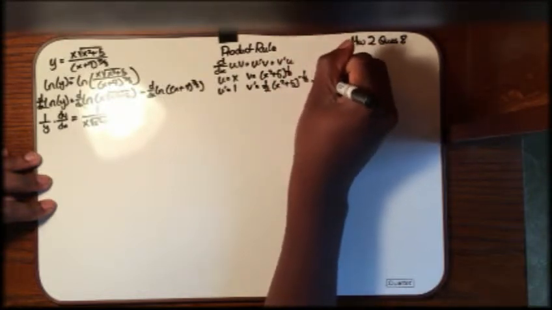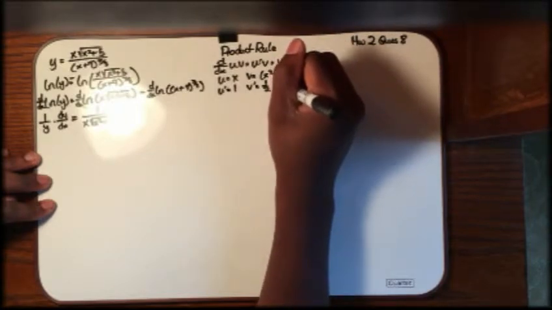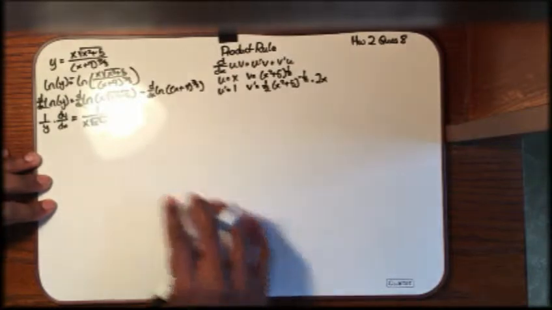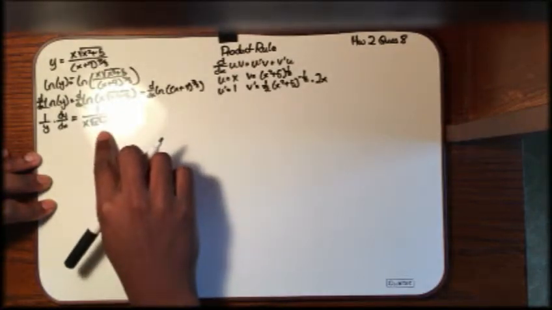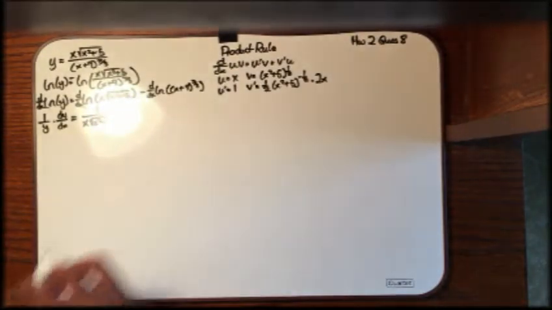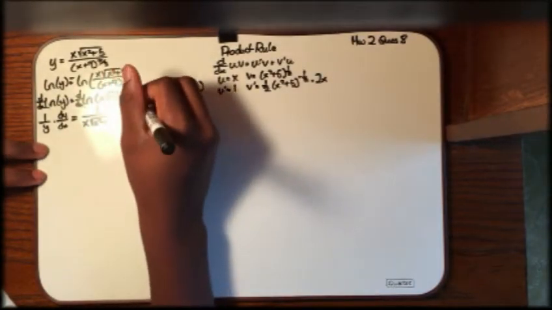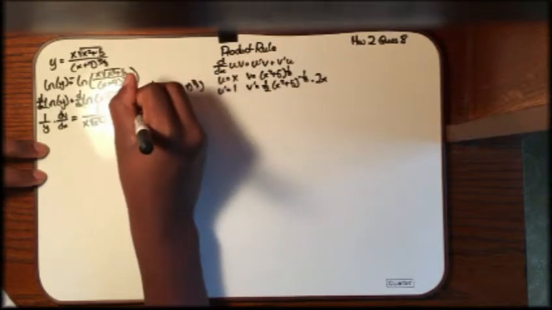And v prime is equal to 1/2 x squared plus 5 to negative 1/2 times 2x. We had to use the chain rule while taking the derivative here as well.